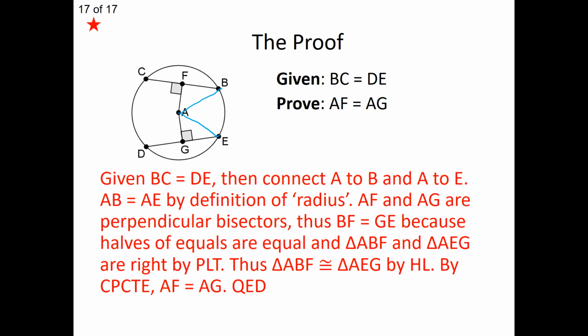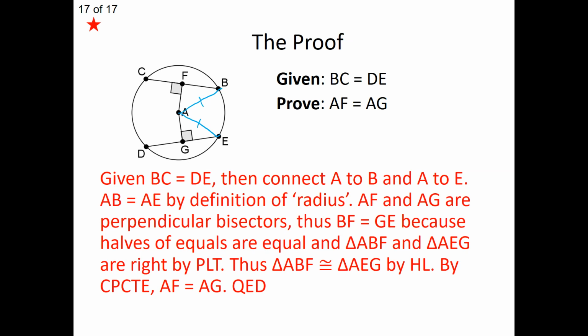So first off, by definition, we know that since AB and AE are radii, we can call those two segments equal to each other by definition. But the thing is, since AF and AG are the distance from the center to the chord, those are the perpendiculars, which means we have a radius or part of a diameter that's perpendicular to a chord.